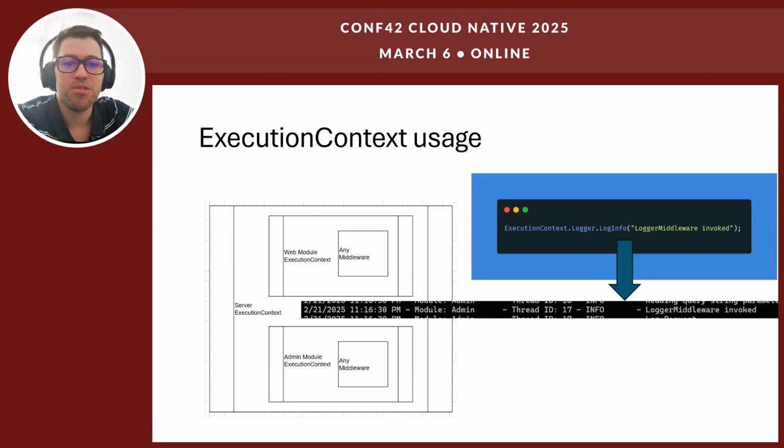This happens because of what we set up with the AsyncLocal variable in the ExecutionContext class. We ensure that each execution context has its own logger. So when you log a message using ExecutionContext.Logger, it will always use the logger that was defined for the current module execution context, whether you are in the web module or admin module.